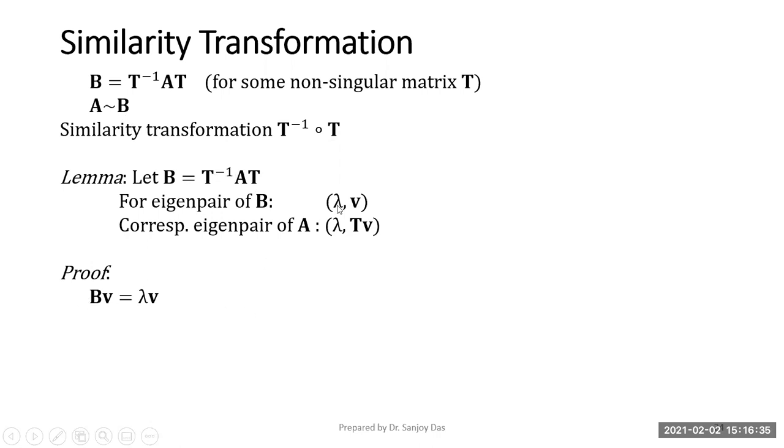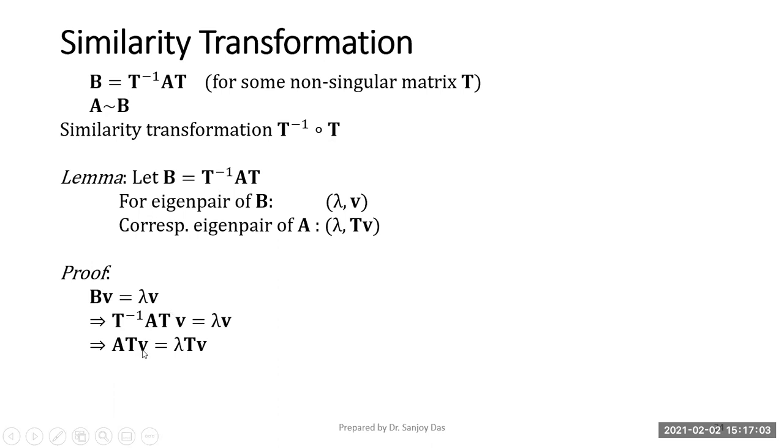So BV equals lambda V. We take this. BV equals lambda V. Whence T inverse A T V equals lambda V, right? Because B equals T inverse A T. Pre-multiplying both sides by T, what do we get? A T, and T times T inverse is the identity matrix, right?